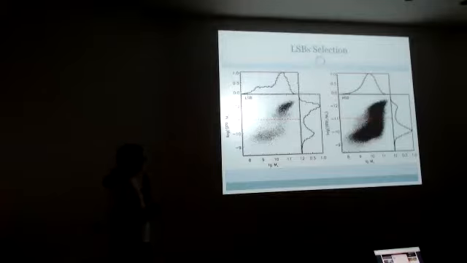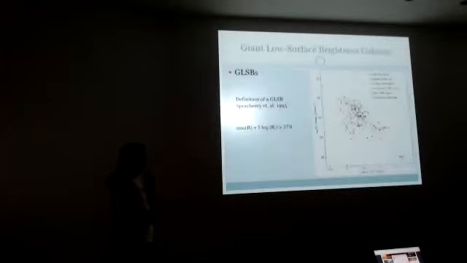But among these red low surface brightness galaxies, people have previously studied a particular type called the giant low surface brightness galaxies, which seems to be quite unique and interesting.